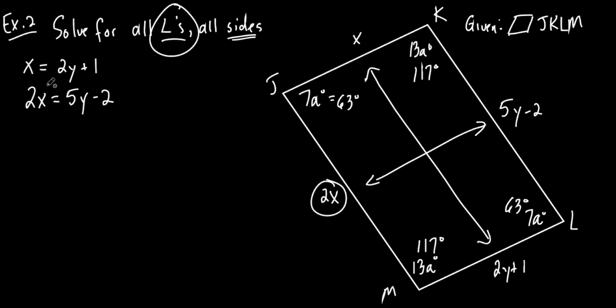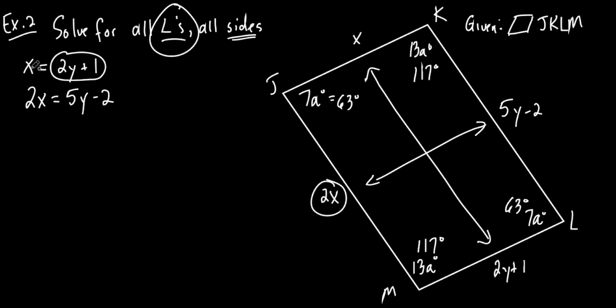If I have two equations and they both have x and y in it, I should be able to solve for x and y. So we're going to do a thing called substitution. So do I know what x is equal to? Kind of. I don't know exactly what number it is, but I kind of know what it is. Do I have x equals something here? Yeah, so what's x equal to here? 2y plus 1. Very good. So what I'm going to do is I'm going to take that 2y plus 1.